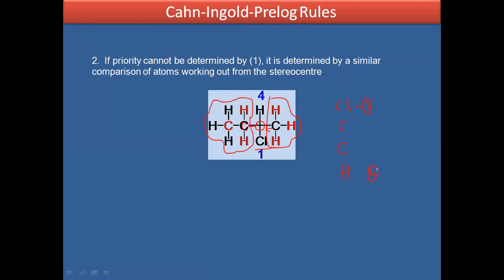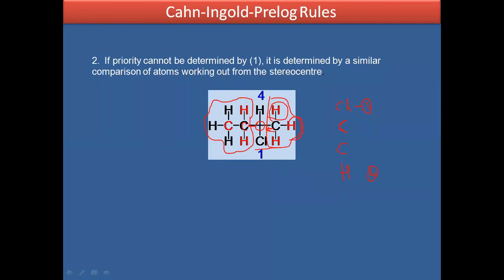And these carbons have a similar atomic number, so we are unable to identify the priority of these two carbon atoms directly attached to the asymmetric center. In that case, the comparison has to be made on the basis of the other atoms directly attached to these carbon atoms.